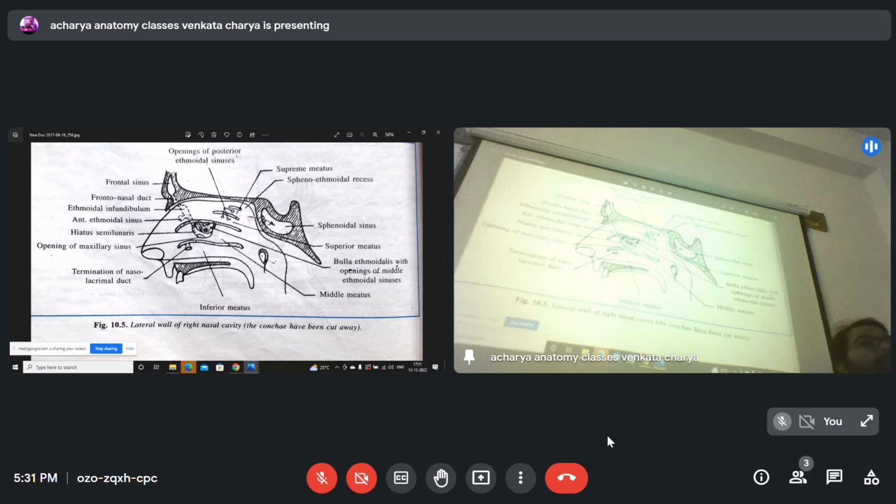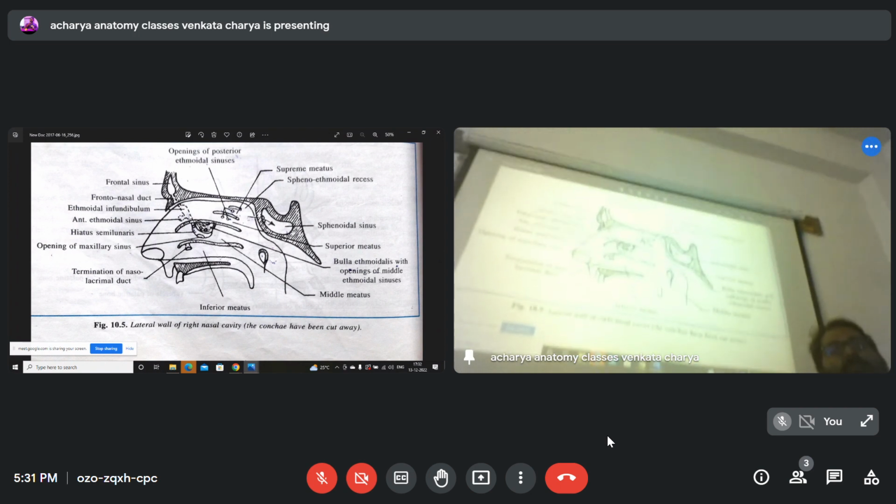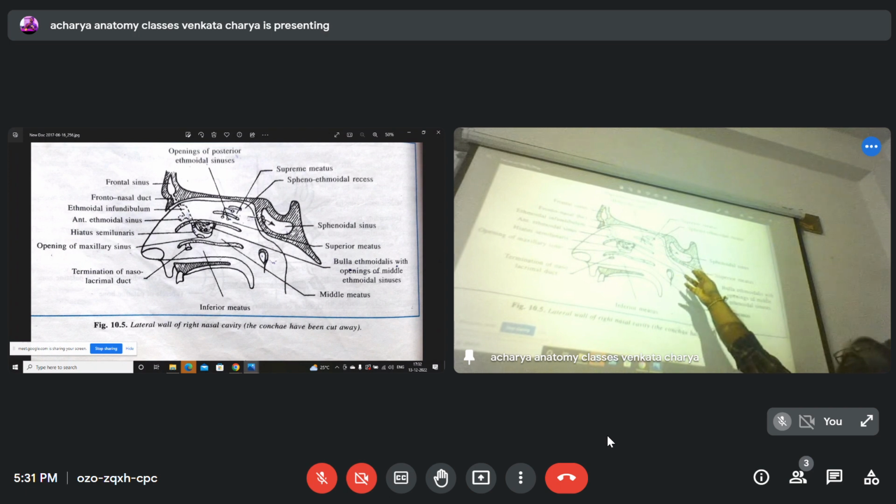Next point, posterior 1.25 centimeters to the superior nasal concha, there is an opening of the sphenoidal air sinuses.